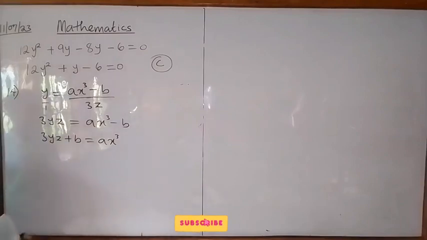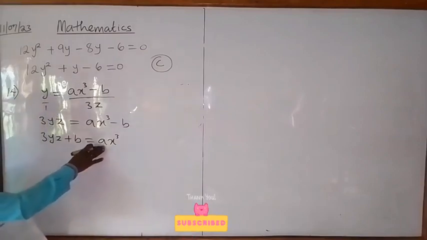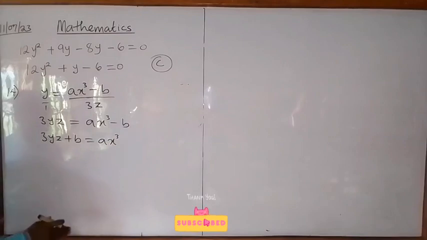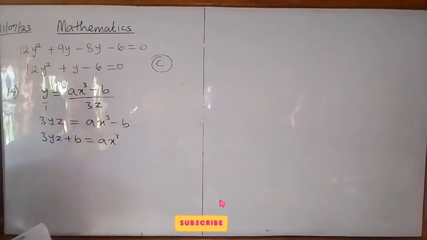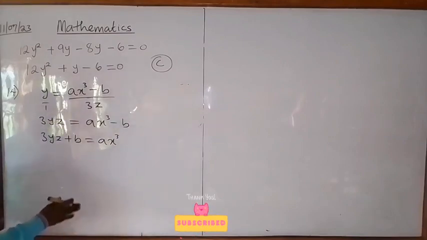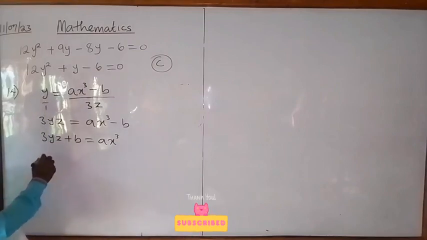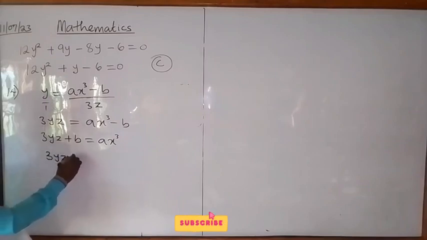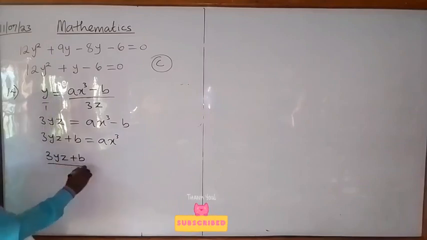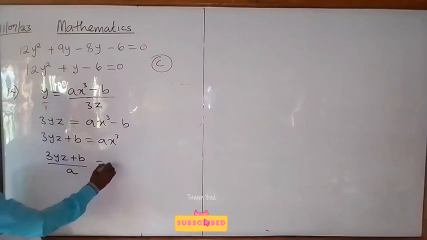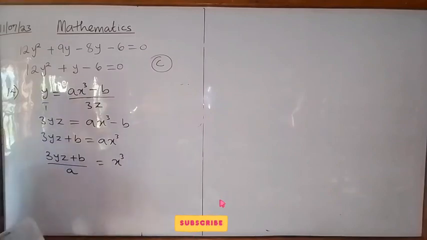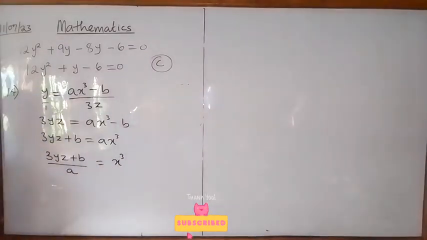Then also we don't need a here because it's only x we're after. We can divide both sides by a. Everything on this side divided by a becomes (3yz plus b) over a equals x cubed. So I'm after only x here.